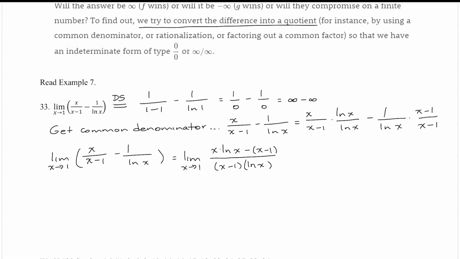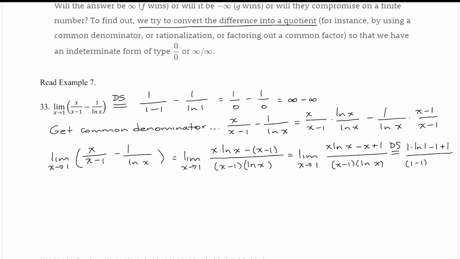You could put an extra parentheses if you want. So what do I have? I have x times ln x from the first fraction minus 1 times x minus 1 from the second fraction. So in fact I have the limit, I can do a little simplifying here, as x approaches 1 of x times ln x minus x plus 1 over x minus 1 times ln x.